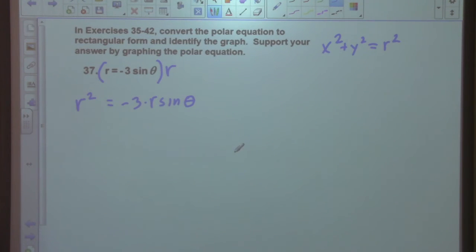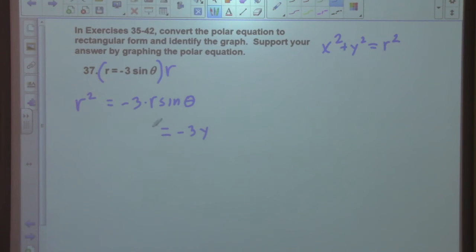Okay. Do you have anything that you can replace here now with x and y? Yes, r sine theta is y. So on the right side we can put -3y instead, right? Does that make sense? Okay, good.